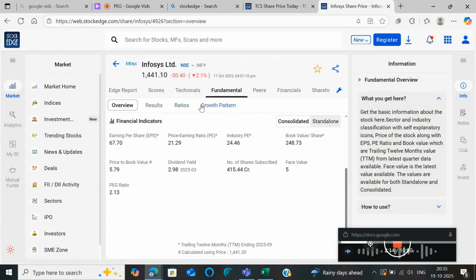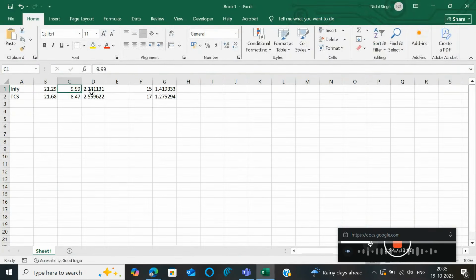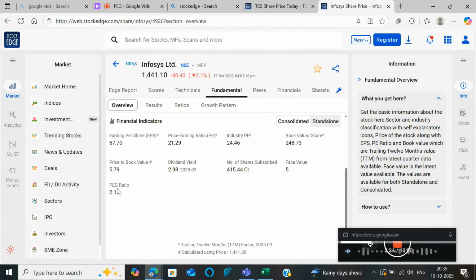What earnings growth? If you come here in the sub tabs, you have a growth pattern, and here the 5 years earnings growth it is taking is 9.99. So we have just divided these two numbers to calculate the PEG ratio. So the Infosys PEG ratio came as 2.13. If I check, it is 2.13, which is correct.